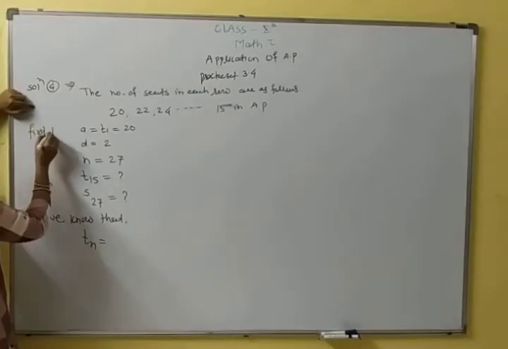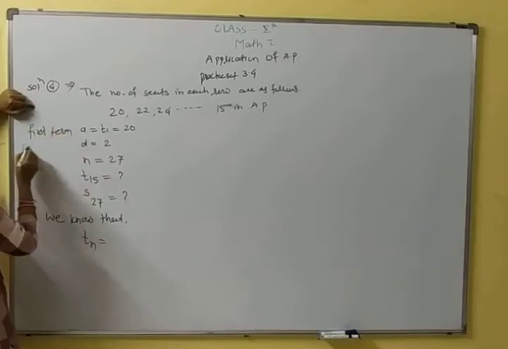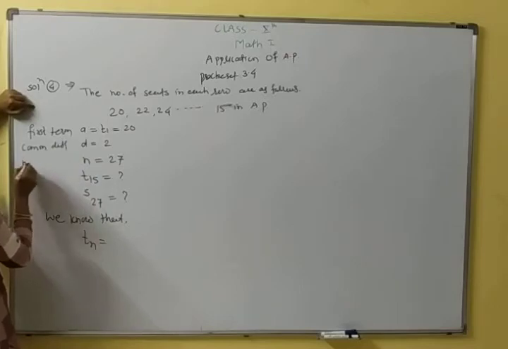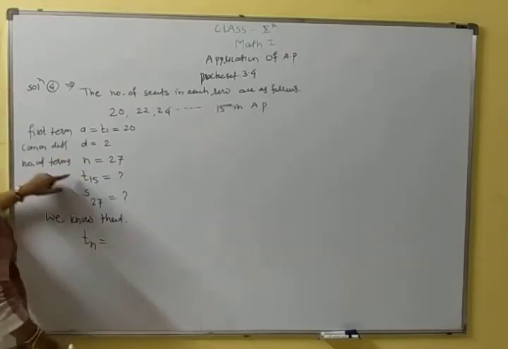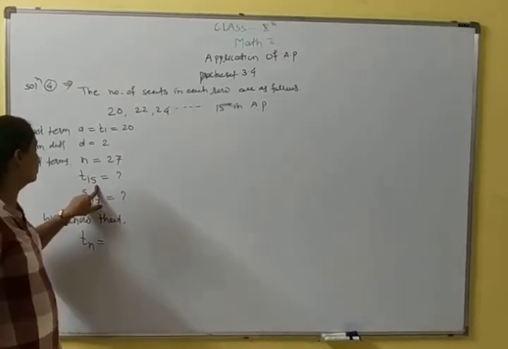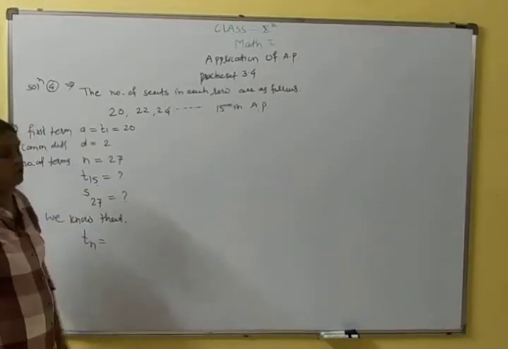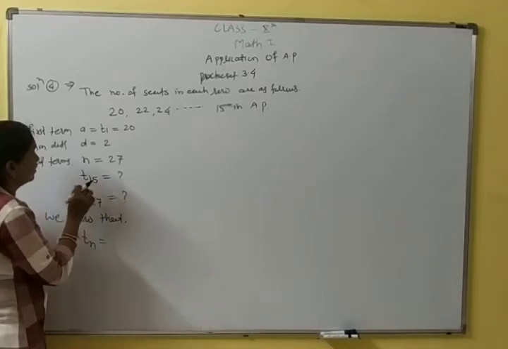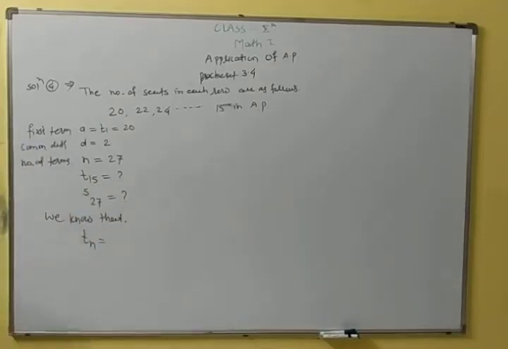Write down here first term, here common difference, n means number of terms. T15 means 15th term, number of seats in the 15th row.